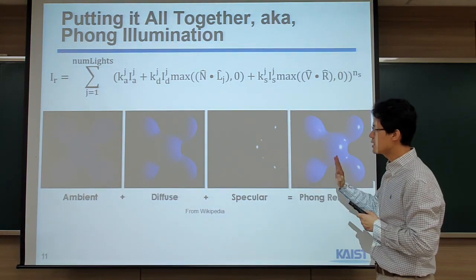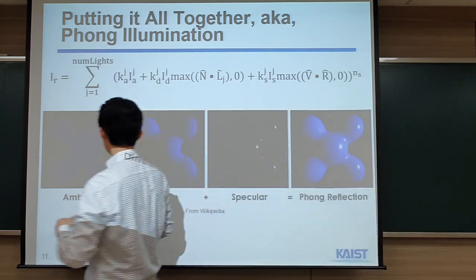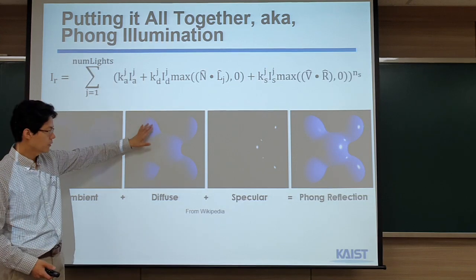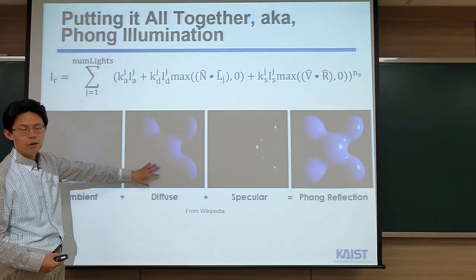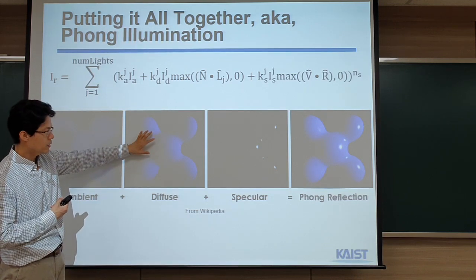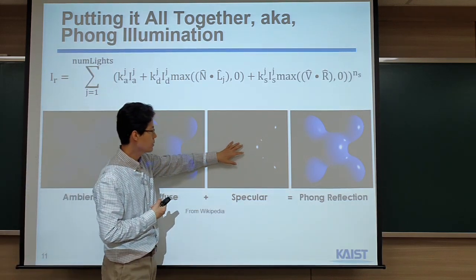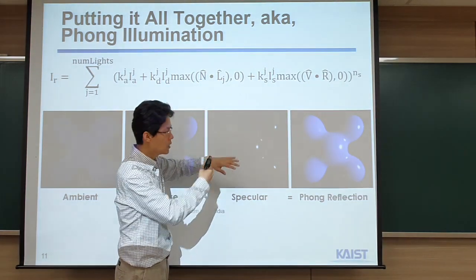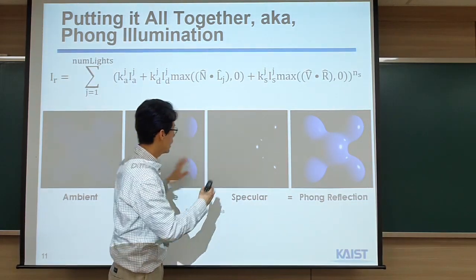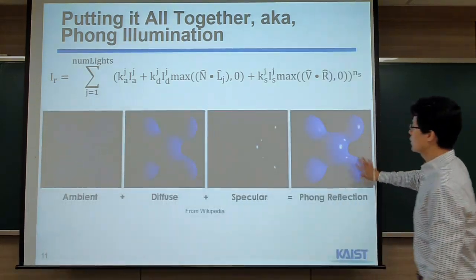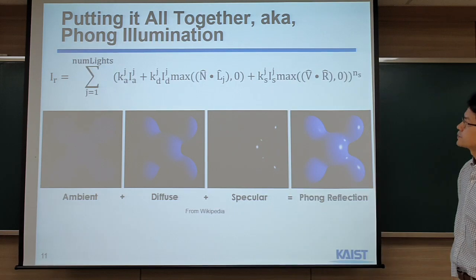If we also visualize this energy with color given this model, the ambient term is constant, the diffuse term changes color depending on what angle you receive the light energy, and depending on the reflector and the viewing direction there should be some sort of highlight. If we put them together, this is the Phong Illumination model, also called the Phong reflection model.